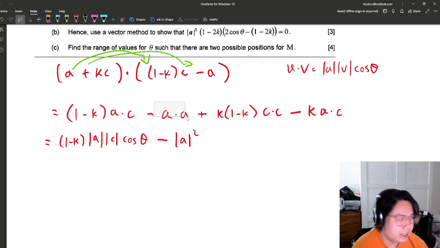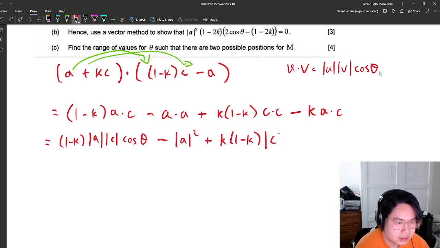Oh yeah, and then if you dot a vector with itself, the angle between them is 0, so obviously cosine 0 is just 1. Gotta go, and speed up. Okay, not bad.